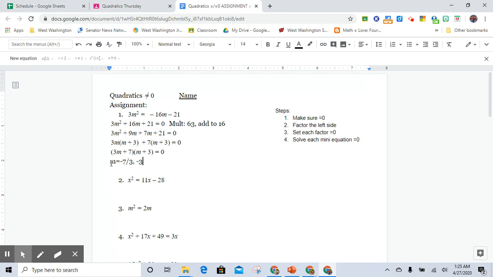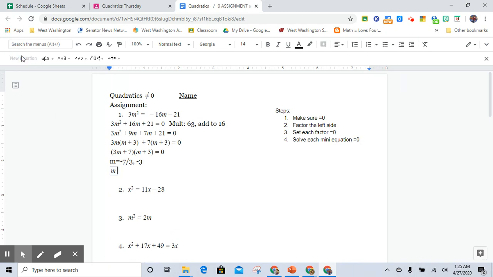Now, I had a lot of people do subscripts, m1 and m2 equal these things. Let me show you what that looked like, because that was not very clear, I guess. M sub 1 equals negative 7/3. This is not quite right.